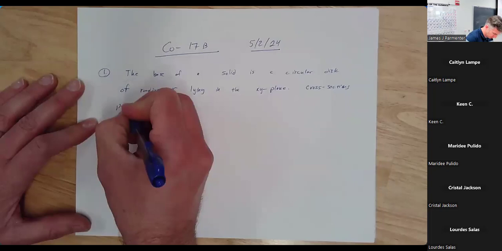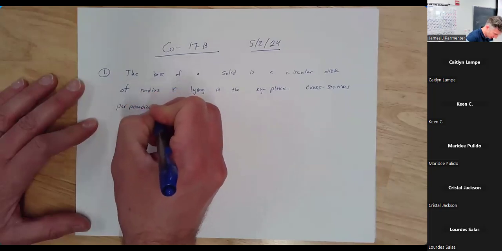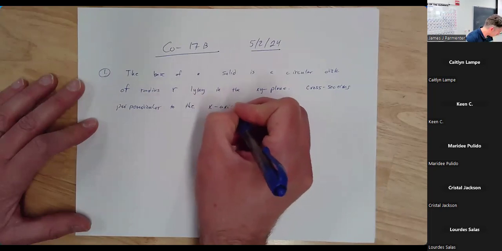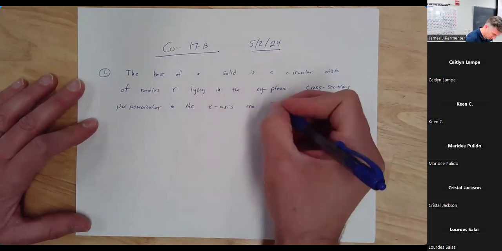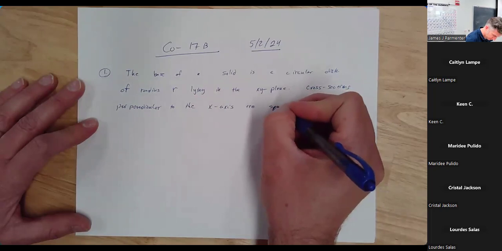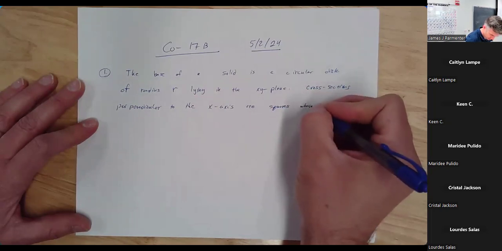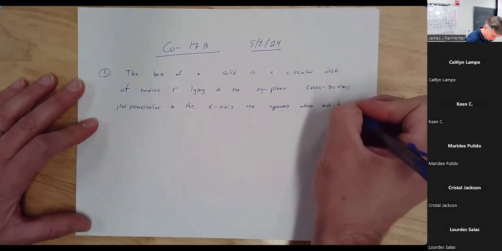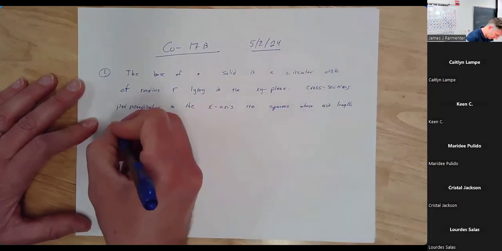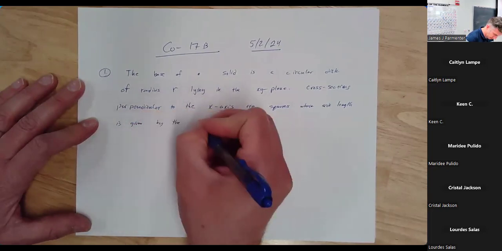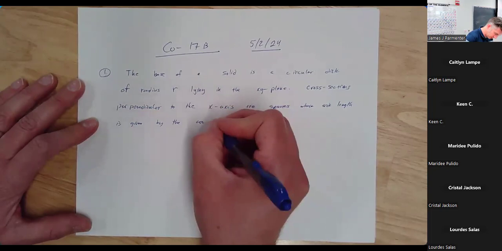Well, it actually doesn't matter. Perpendicular to the x-axis are squares whose side length is given by the constraints of the disk.